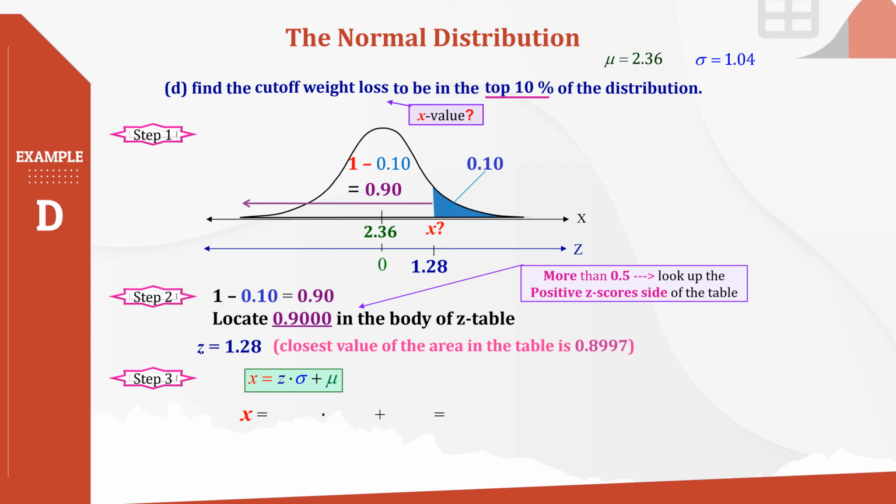Substitute 1.28 as z-score, multiply by the standard deviation 1.04, and add the mean 2.36 to get the cutoff value as 3.6912. It is a minimum value to be top 10% of the distribution.